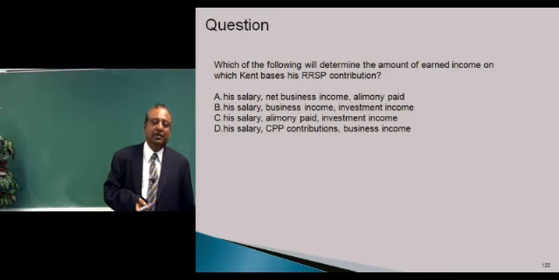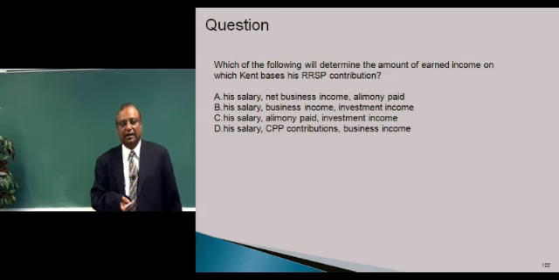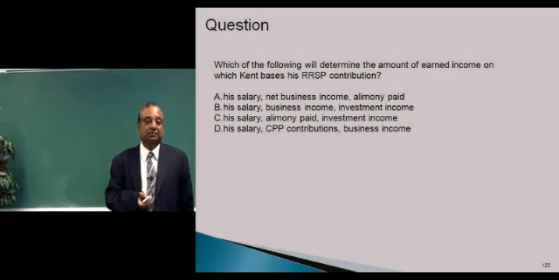B and C include investment income, which is not counted for the 18%. And D has CPP contribution, and the business income should be net business income.